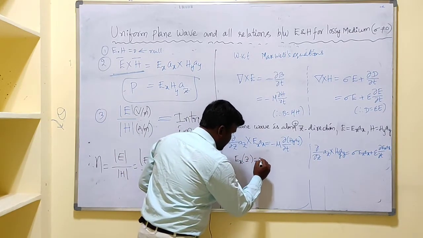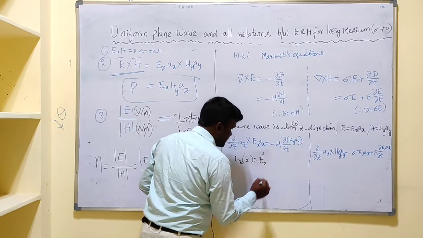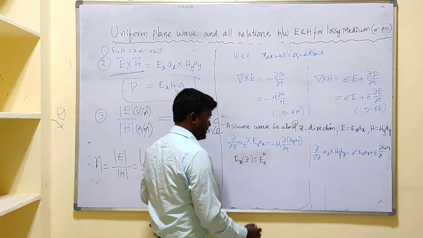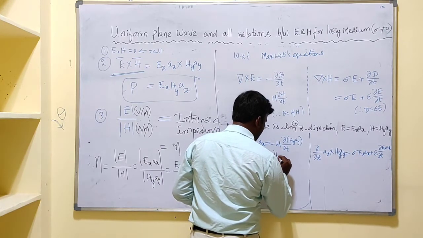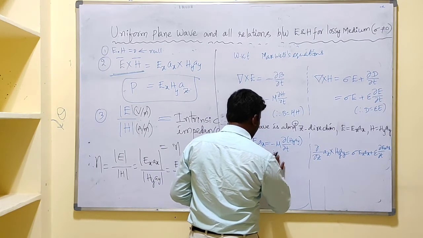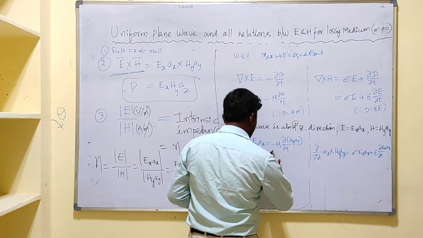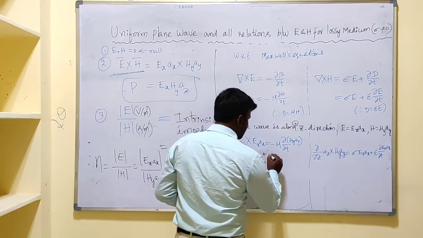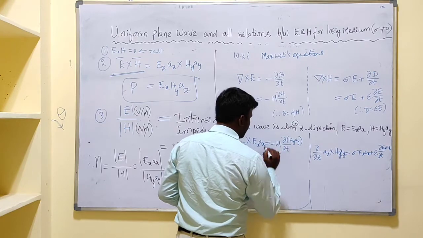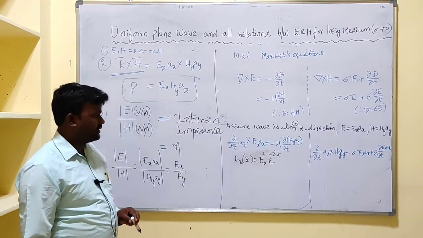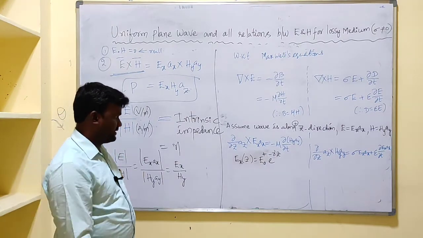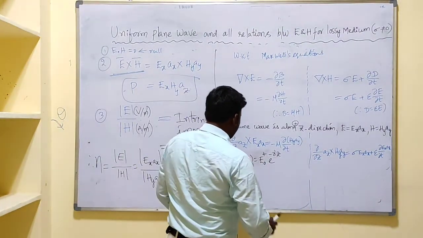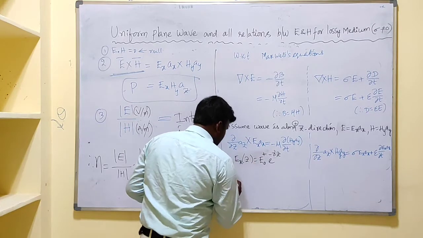That means we need to take E naught plus e to the power minus gamma z. Let us take the wave as traveling along the positive z direction. Now substitute in this one, we will get the following.